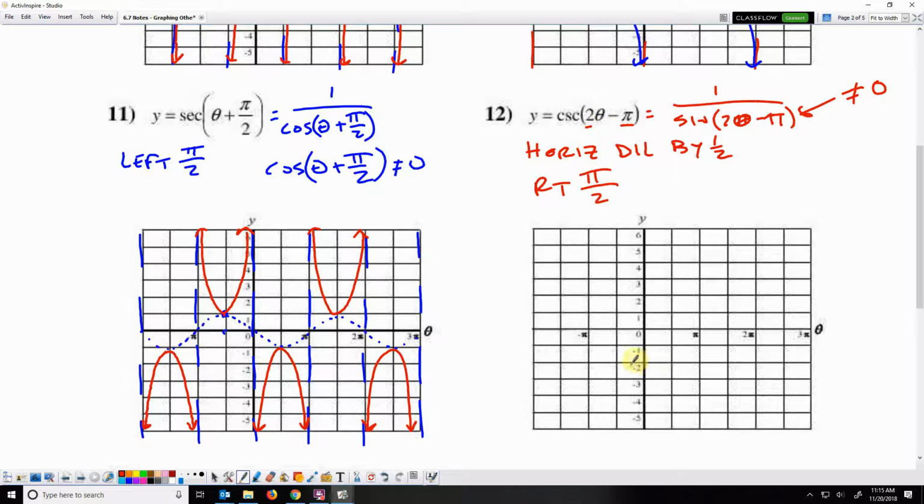So we're going to shift right pi over 2. It is sine, so it starts on its axis. And it's half as wide as normal, so instead of going up to a maximum right here, I'm going to go right here and be at a maximum, and back by the time I get to pi.